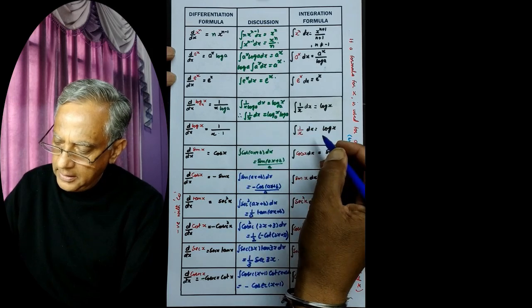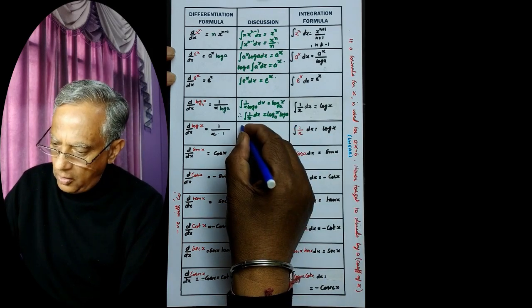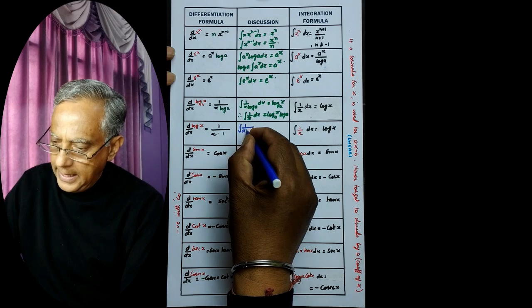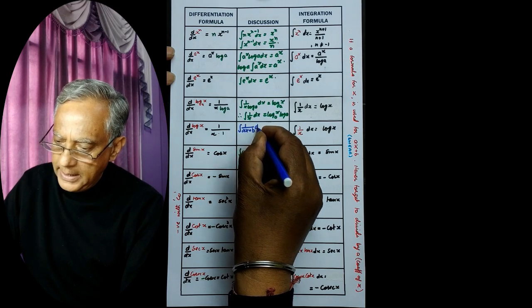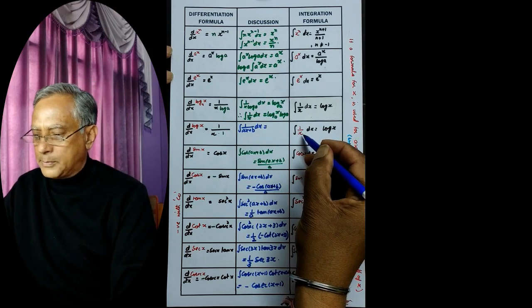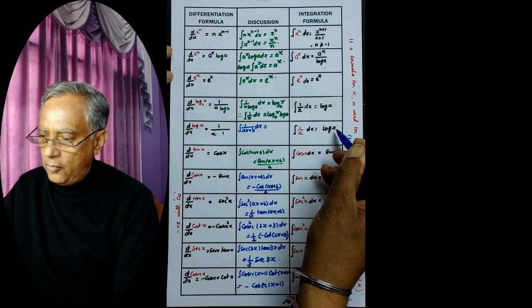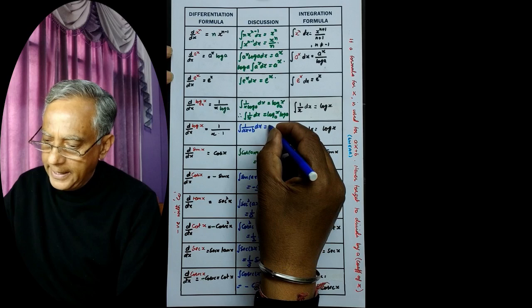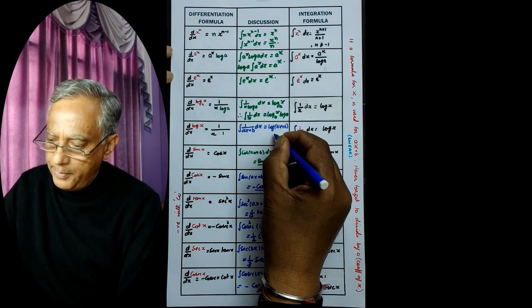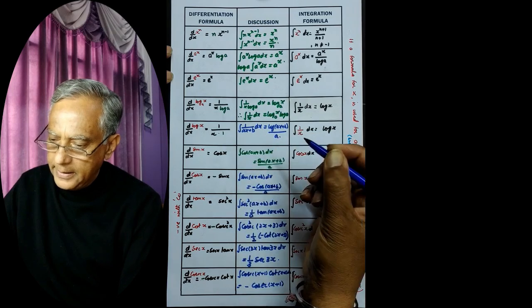And similarly here, integral of 1 over ax plus b dx will be equal to log of ax plus b divided by a.